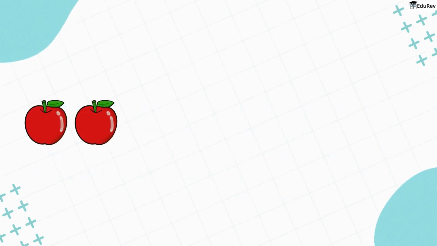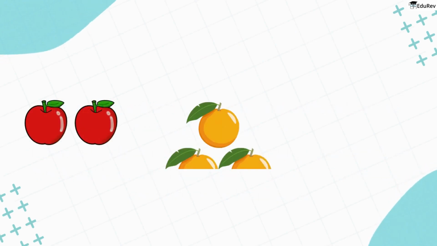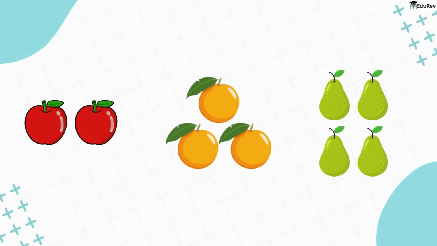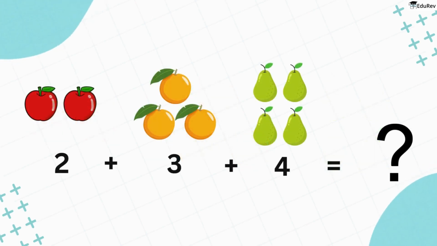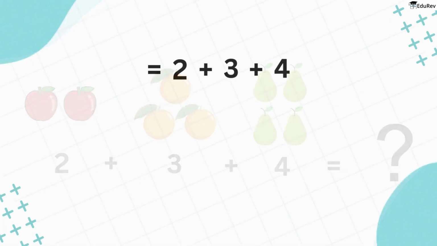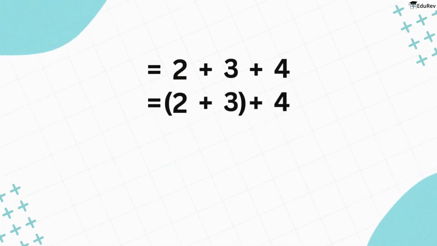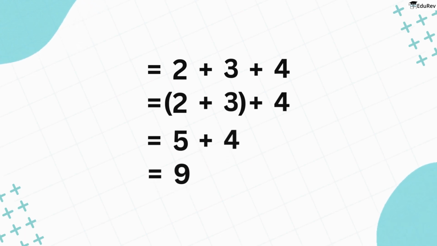Imagine that you have 2 apples, 3 oranges and 4 pears, and you need to know what is the total number of fruits that you have. To do so, we first group 2 and 3 together. So we will first add 2 and 3, which equals 5. And now we will add 4 to 5, so we get 9 as our answer.